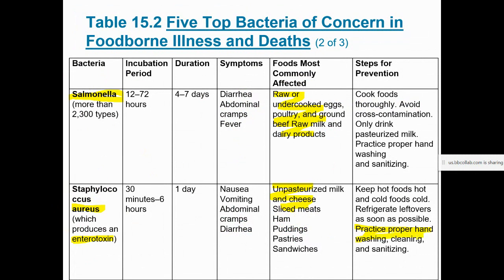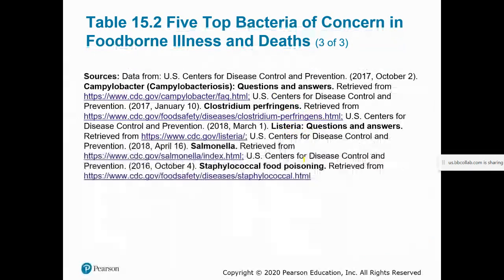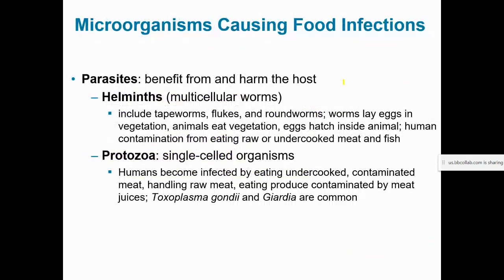We'll talk in more detail about practicing proper cleaning, sanitizing, and washing. Again, even at home and in between cooking with raw and undercooked meats and eggs, and then cleaning thoroughly before getting to your fruits and vegetables and other components of the meal. Here are the references for the chart.